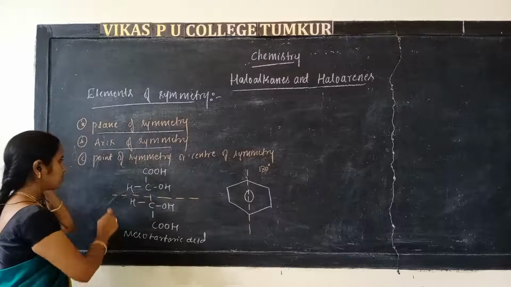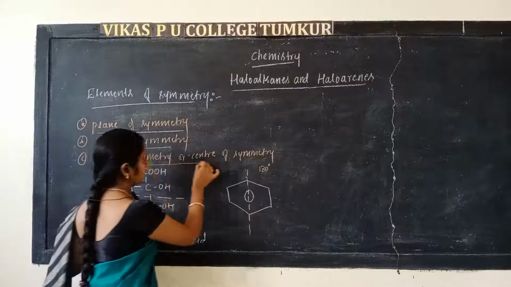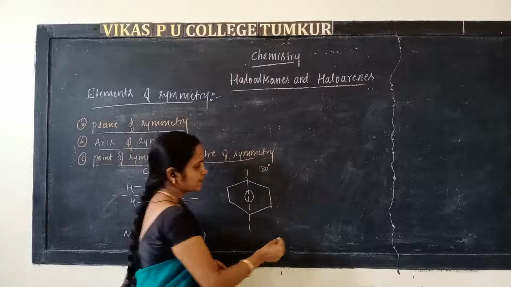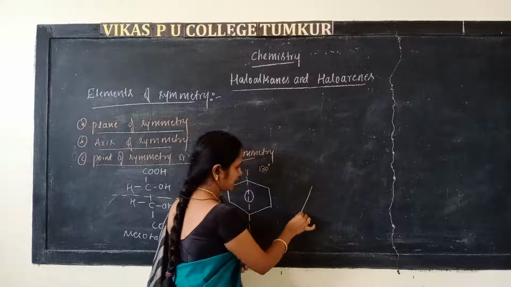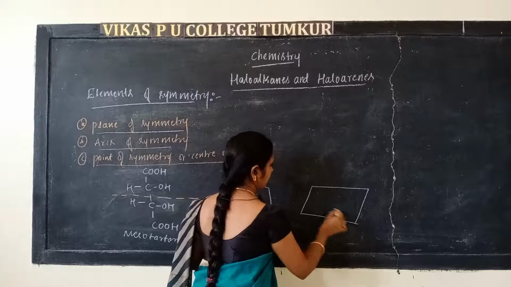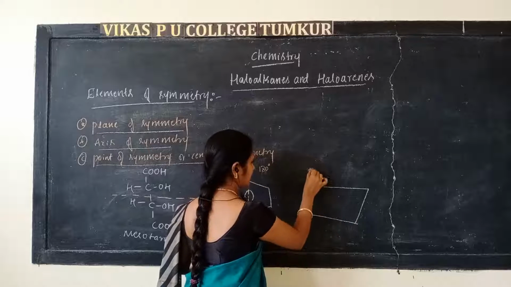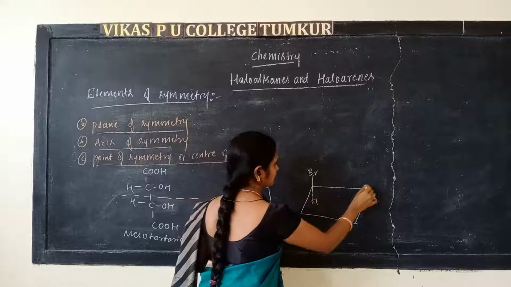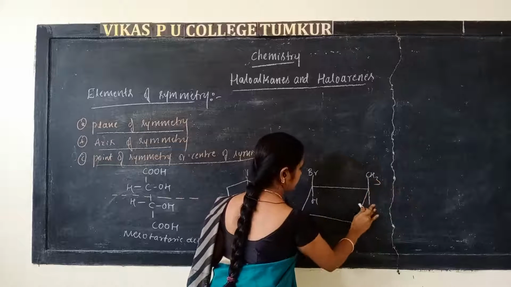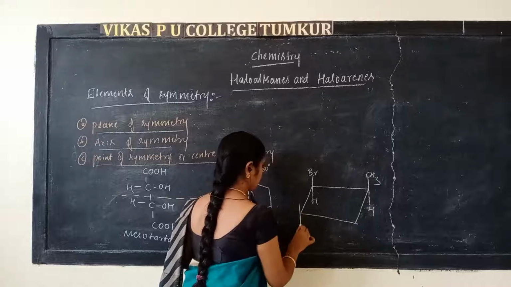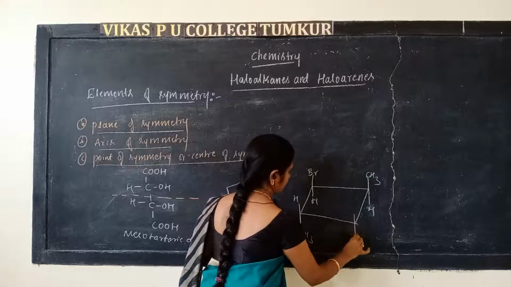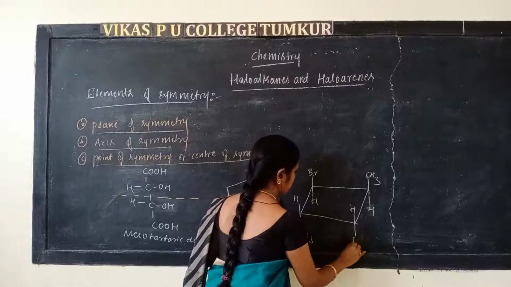Next we are going to discuss the point of symmetry or center of symmetry. By taking an example, I am going to explain this. The compound has CH3, H, CH3, H, Br.